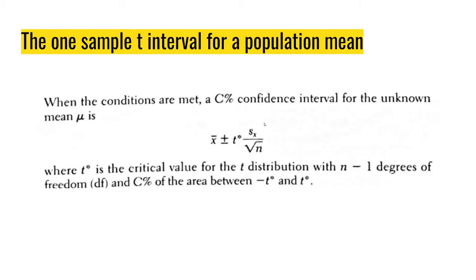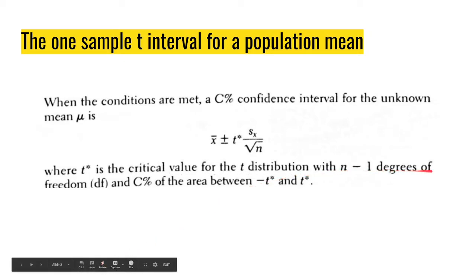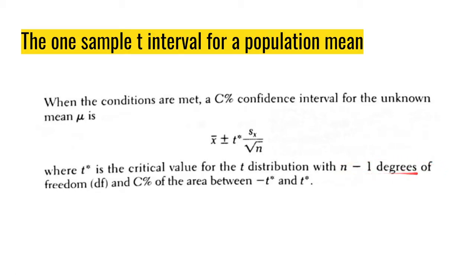And this standard deviation formula is from the standard deviation of the sample mean. If you don't remember, please refer to the videos in chapter 7. And it says where t star is the critical value for the t distribution with n minus 1 degrees of freedom. So over here we have another definition, degrees of freedom.